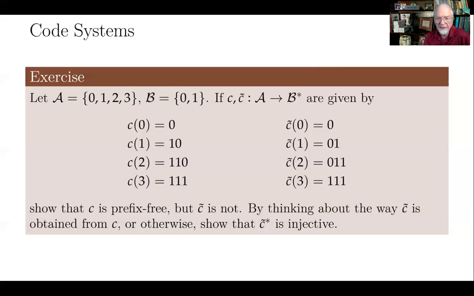By reversing the same digits, C tilde, we can also completely map A into B star, but C is prefix free and C tilde is not.